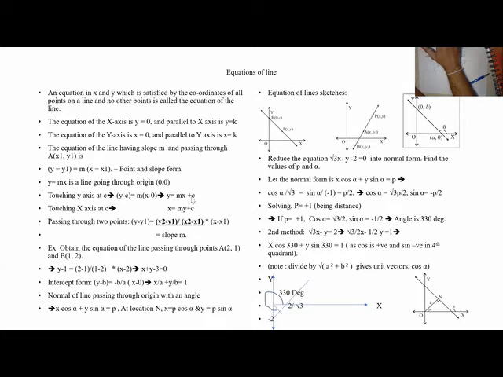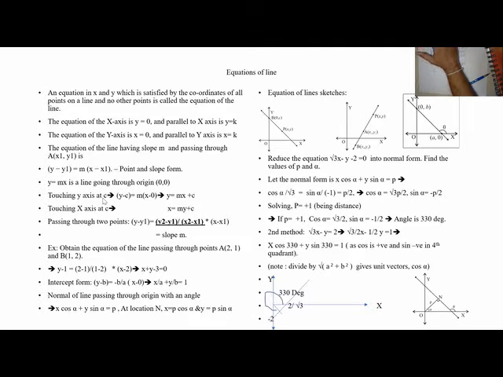Y is equal to mx plus c: when x is 0, y is c. So depending on where it touches, we can find the equation. If it is going through the origin, c is 0. So y is equal to mx, where m is the slope. So this is the point slope form. The point it goes through is (0, 0), so you put y1 as 0 and x1 as 0, and y is equal to mx.